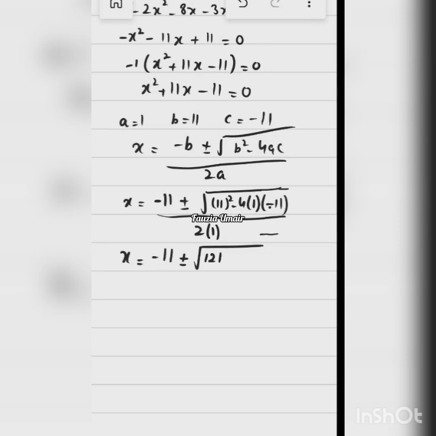This 121 minus, minus into minus is plus 44 you get, divided by 2. So the values are minus 11 plus minus, what is 121 plus 44? 165 divided by 2.